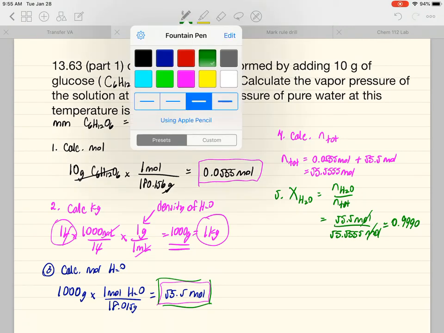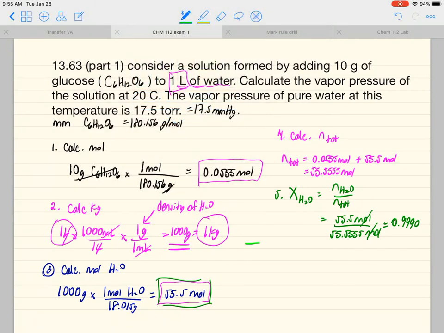Now what we want to do is apply this last part here, which is Raoult's law. Raoult's law states that the pressure of your solution is going to be equal to the mole fraction times the pressure of the pure water.